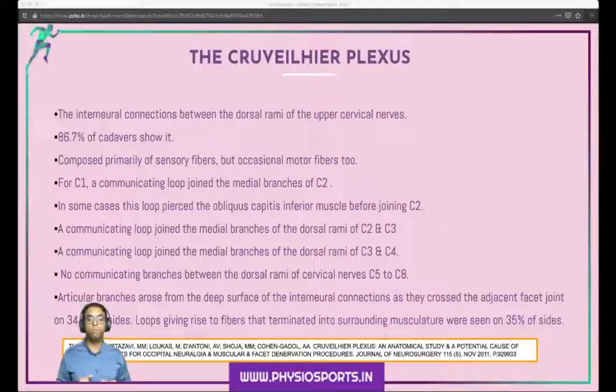Now the important point over here is that this is a very complex plexus between dorsal rami C2, C3 and C4. They are internally connected, and this makes it quite difficult to identify the single root cause of their symptoms.